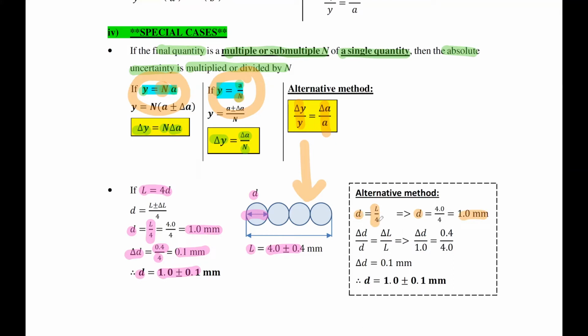So since we are ignoring the submultiple 4 here, the fractional uncertainty of D will be equal to the fractional uncertainty of L. If we substitute in all the values and solve to find the absolute uncertainty of D, we will get the result as 0.1 millimeter. So over here, you will be able to see that the answer is actually the same as the previous method.